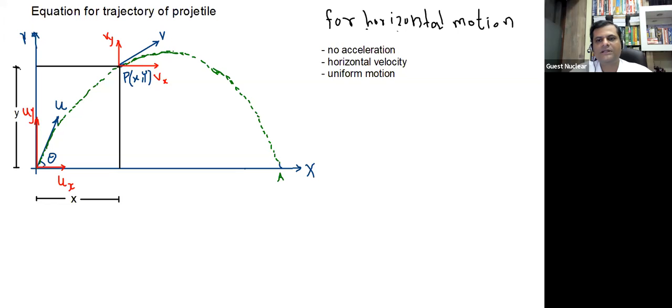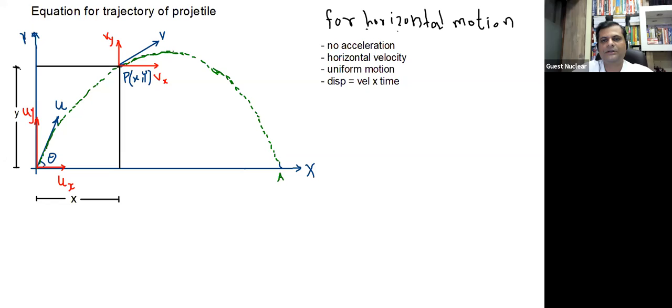And here we can say that the relationship between displacement, velocity and time will simply be displacement is equal to the velocity of the body multiplied by time. Correct? We get this simple relationship here in case of horizontal motion. Understood? So here we get these four points. These are the characteristics of this horizontal motion.